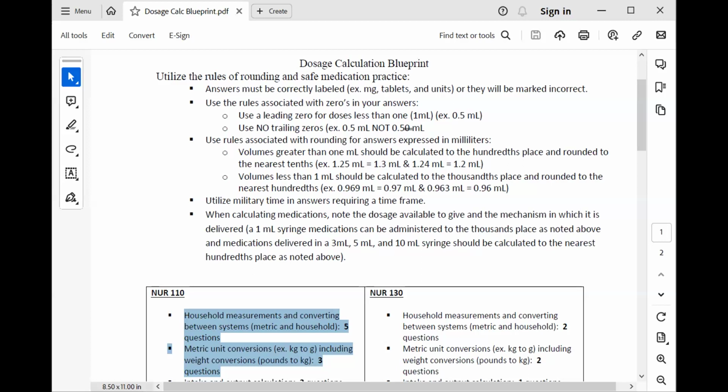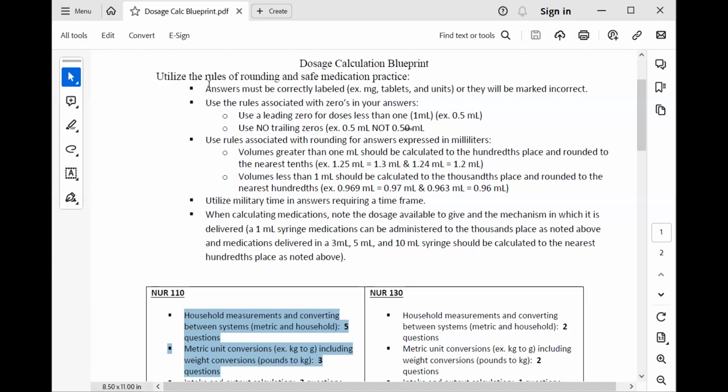All right. So there's a couple of rules for rounding that are important to talk about first and foremost. The first thing you need to know is that when you are answering your questions, especially on the Blackboard test, sometimes it'll tell you to include your units, and sometimes it'll just tell you to include your number only, your numerical answer.